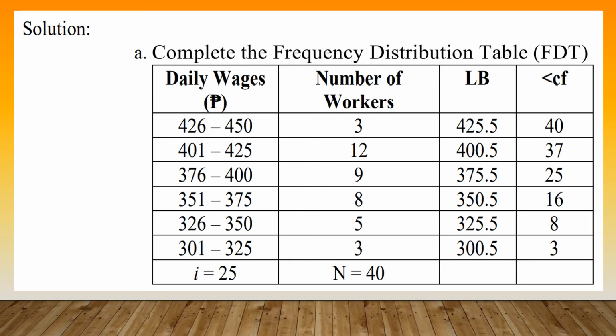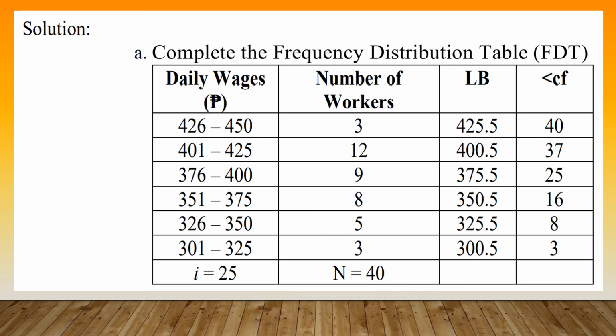That is equal to 40. To determine the lower boundary, just subtract 0.5 from the smallest daily wage in the class interval. 301 minus 0.5 is equal to 300.5. 326 minus 0.5 is equal to 325.5.